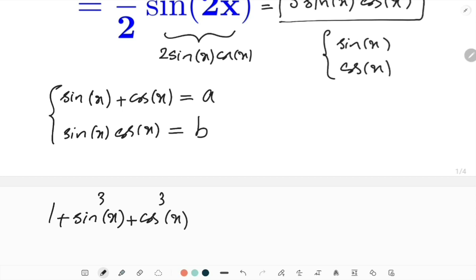So I'm just going to make use of the famous identity, which is a cubed plus b cubed equals a plus b times a squared plus b squared minus ab. We know that from algebra.